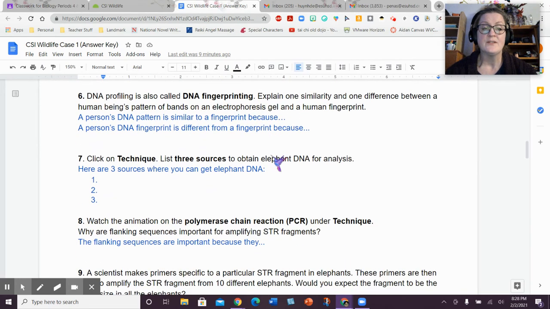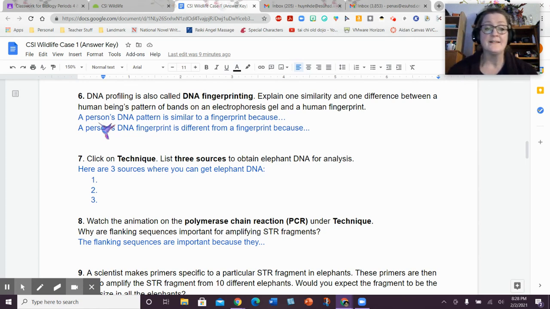So the next question here says DNA fingerprinting. So getting that pattern of a DNA fingerprint on a gel like that is similar to actual fingerprints that you would collect at a crime scene. All right. So this question is asking, how is DNA fingerprinting similar to actual fingerprinting?